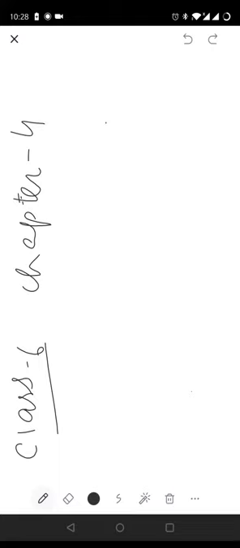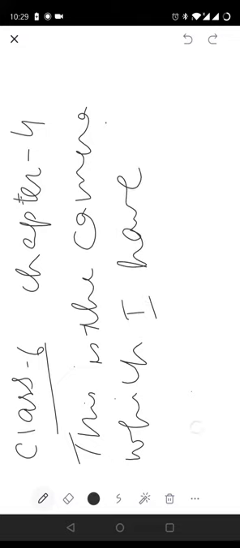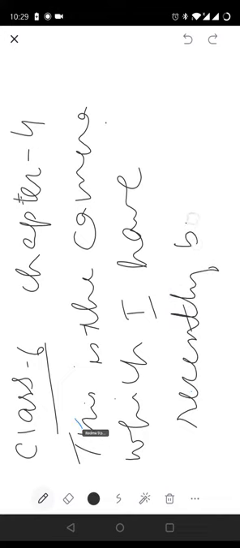Okay. For example, this is the camera which I have recently bought.